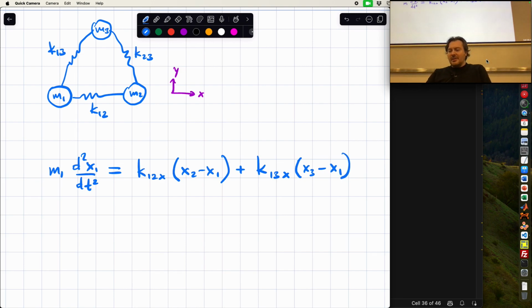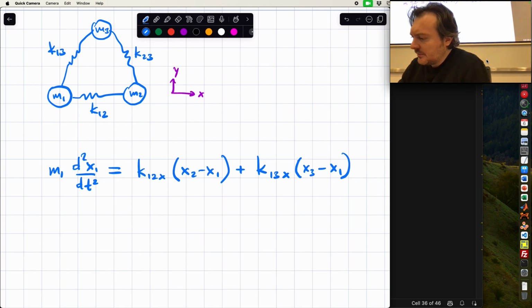Am I missing something in this? What do you think? Y components. Why would we get y component in x direction? That's right. We would also get y components, right?